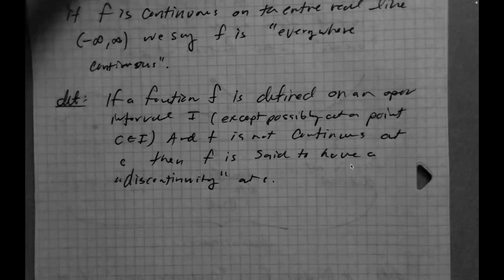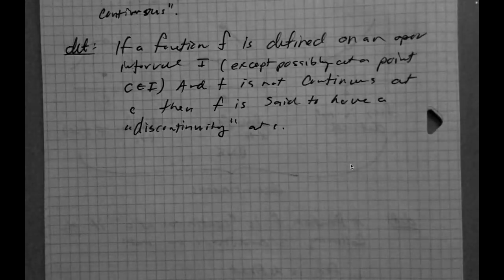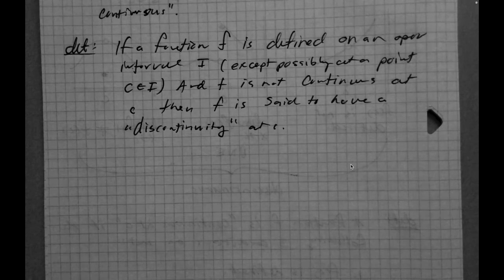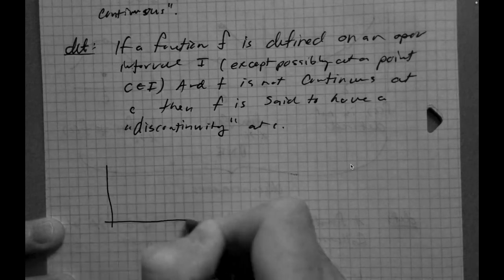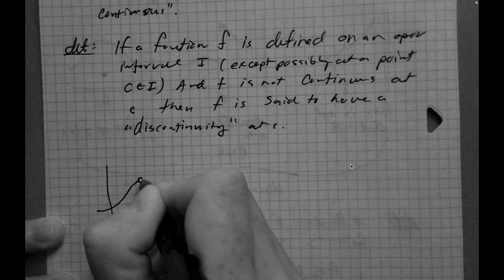So if you have a function defined on an interval, except possibly at the single point c, but there exists a point in there where f is not continuous, then we call that point a discontinuity. A simple visual would be something like this.